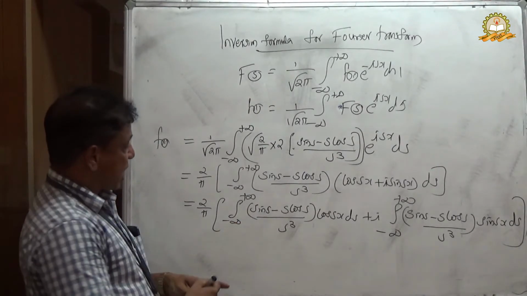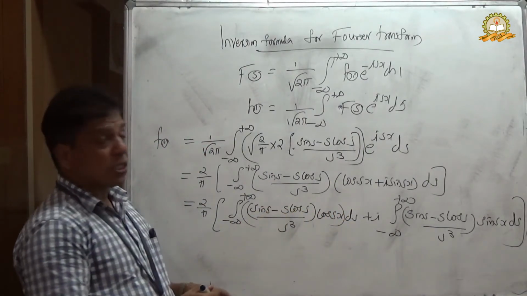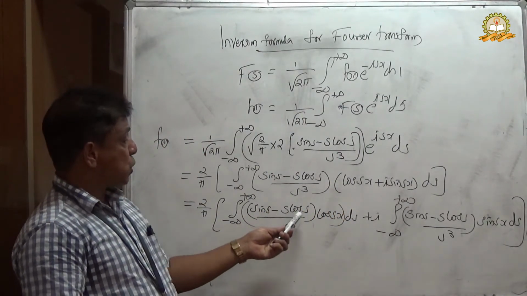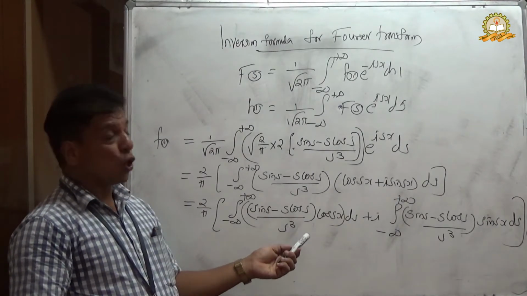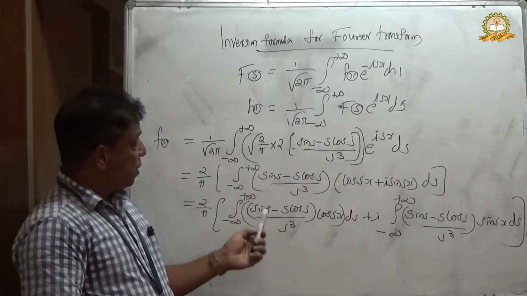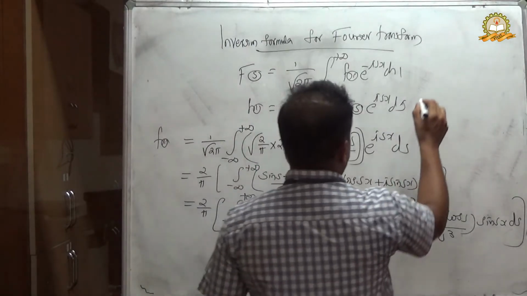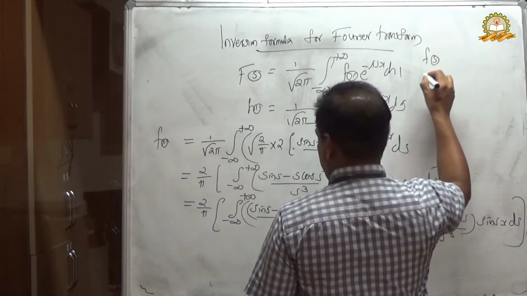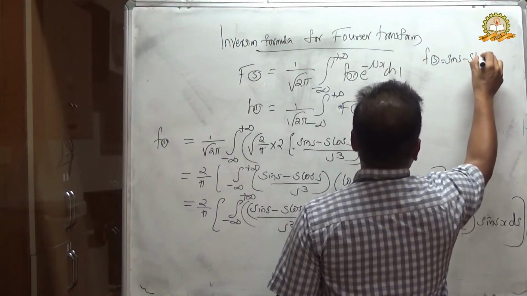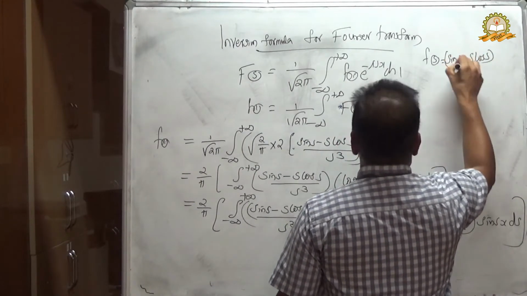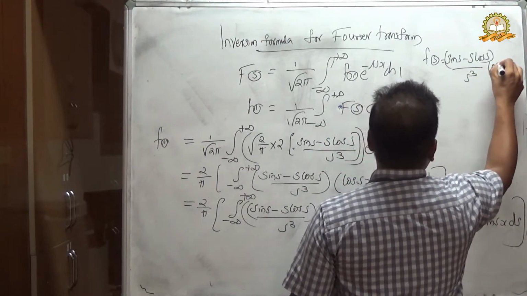We have to check whether sin s minus s cos s by s cube into cos sx is either odd or even. Similarly, for the second case, we have to check whether it is odd or even. For that, we take f of s equal to sin s minus s cos s by s cube cos sx.